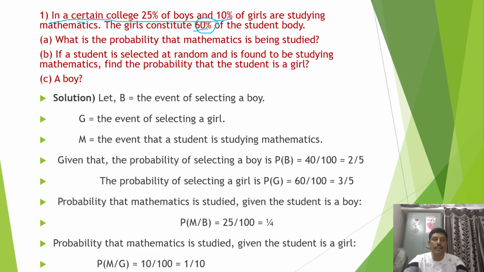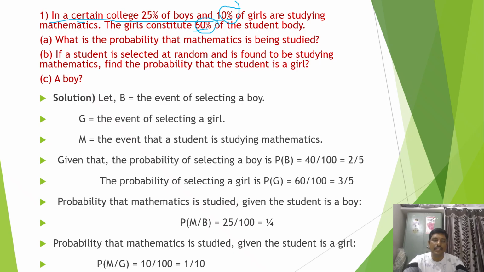Among the 60% girls, 10% of girls are studying mathematics. Clear? So the girl students who are studying mathematics, G by M, is given. Like this you need to understand whether it is conditional probability or not, and whether Bayes theorem is applicable or not. The girl students who are studying mathematics is given, as well as the boy students who are studying mathematics.